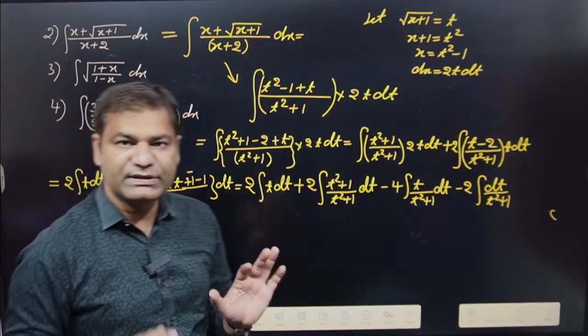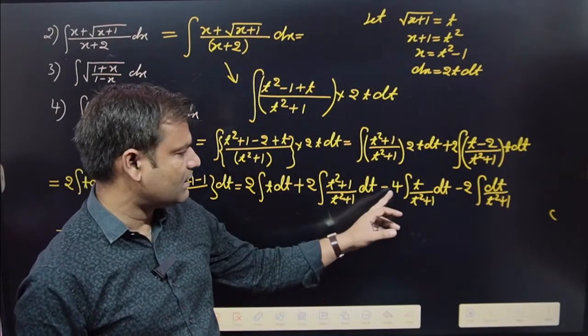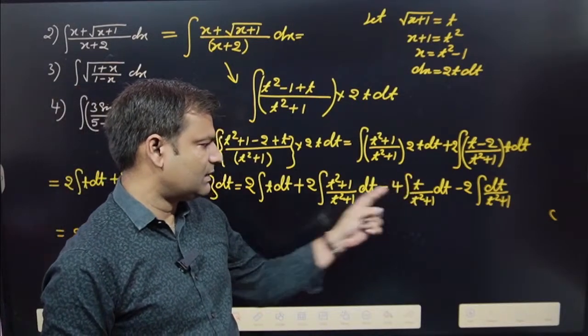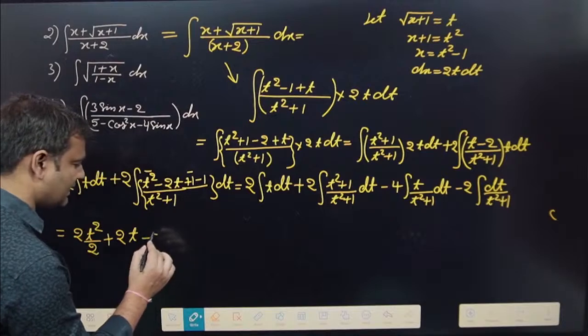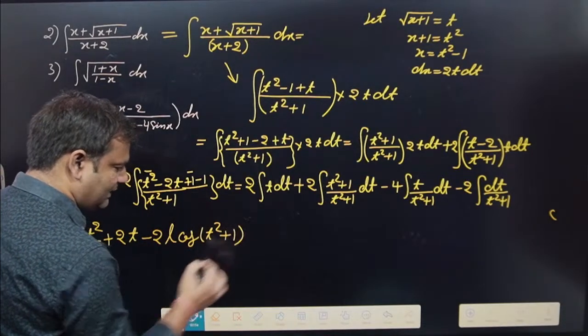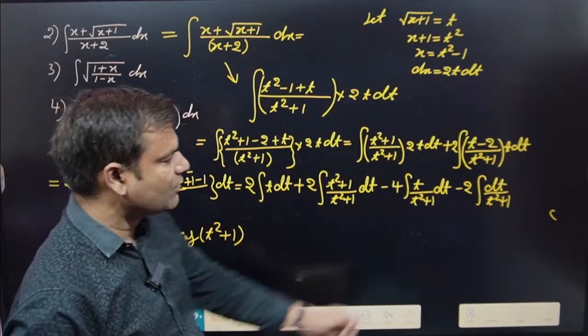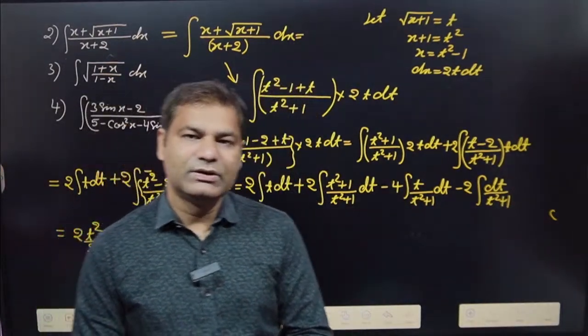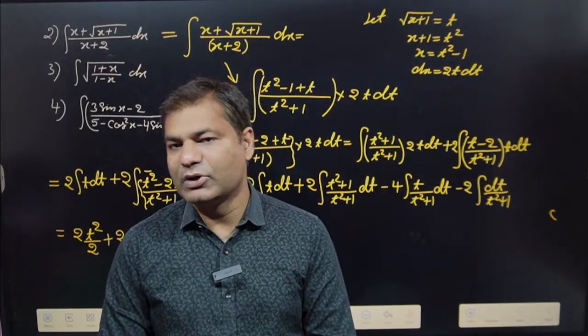Okay, integration of dt is how much? Simply t. Now minus 2 times, what about that value? This one returns simply minus 2 log of t square plus 1. Why? Because if t square plus 1 is taken y, then 2t dt will equal dy.